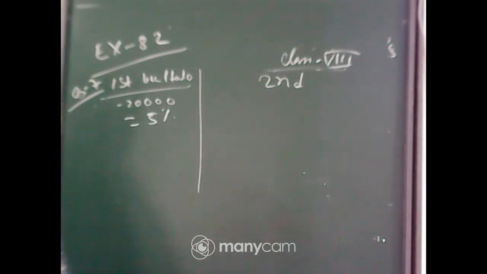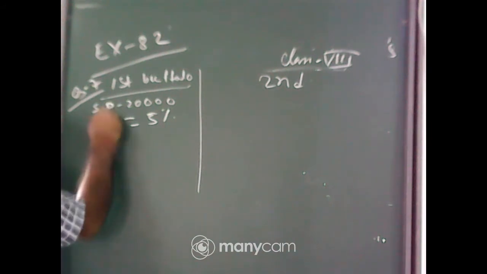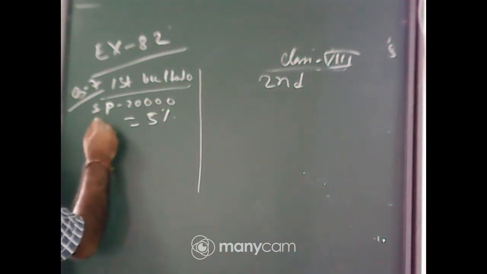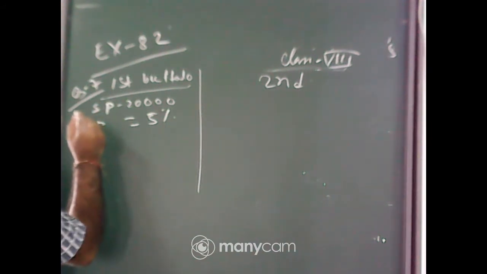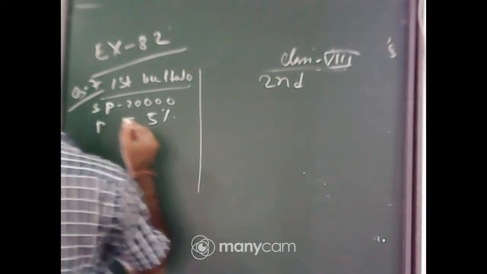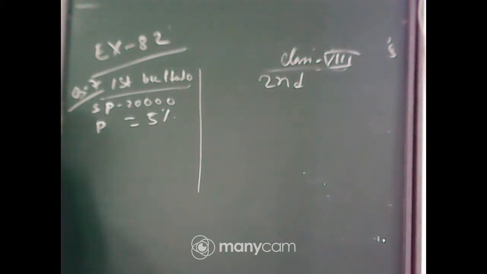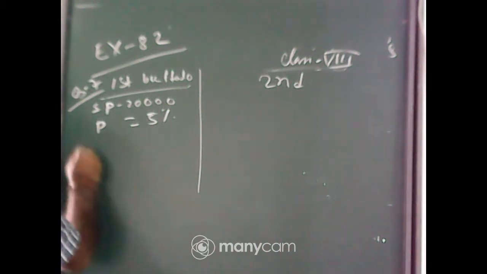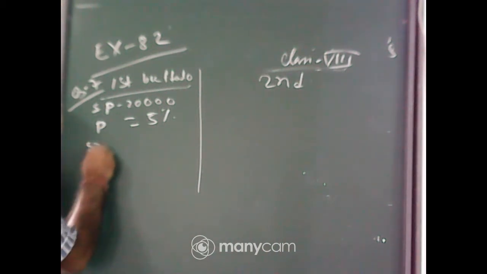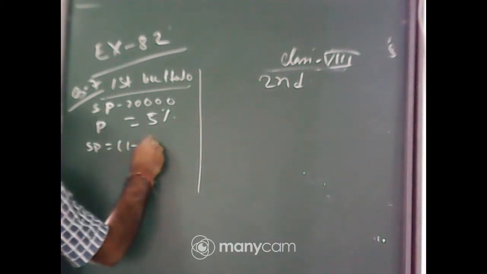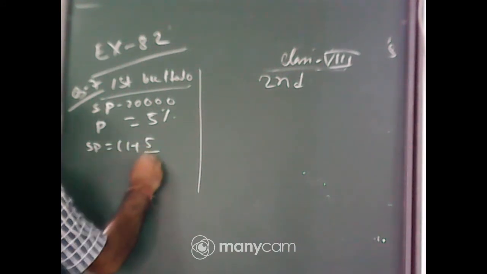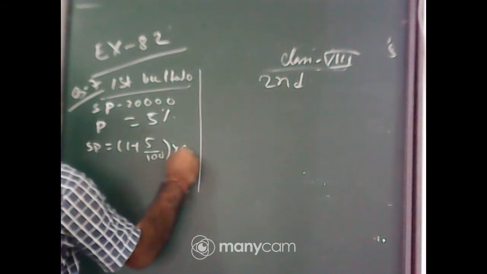So SP is 20,000 and profit is 5%. Now we know that SP equals (1 plus profit by 100) into CP.